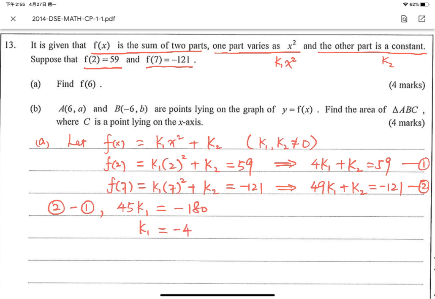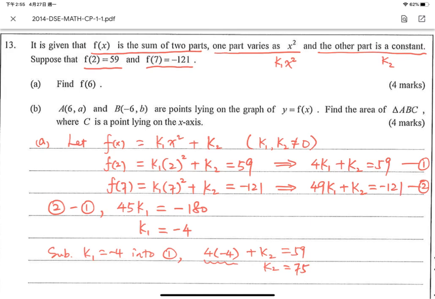After we have k1, we can substitute k1 equal to negative 4 into equation 1. Then we have 4 times negative 4 plus k2 equal to 59. So k2 equal to 59. This part is negative 16, so move it to the right hand side, it becomes positive. So 59 plus 16, which is 75.